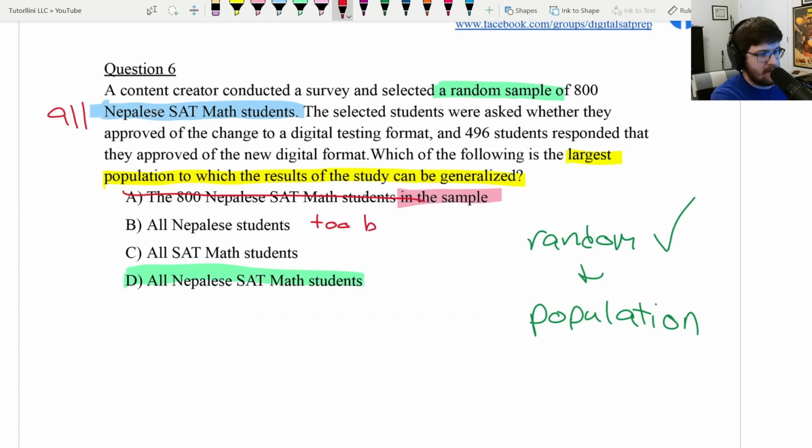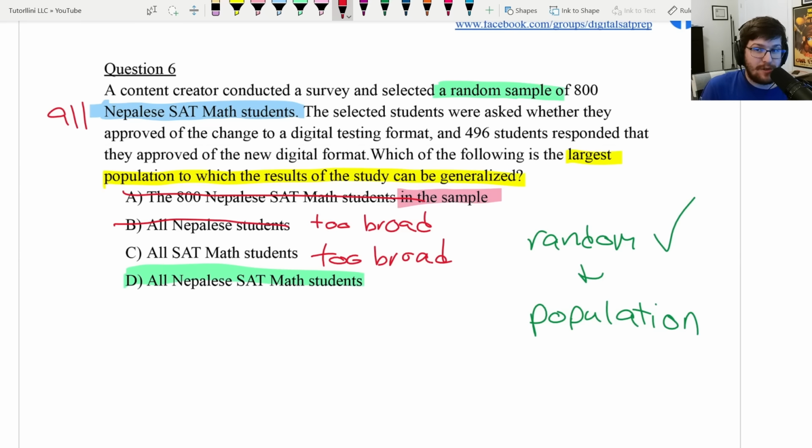And all SAT math students, that's way too broad. You could imagine, all of a sudden, that's other countries like USA, UK, Italy, Pakistan, India, you name it, right? So that's students from all over the world. So that's also way too broad.